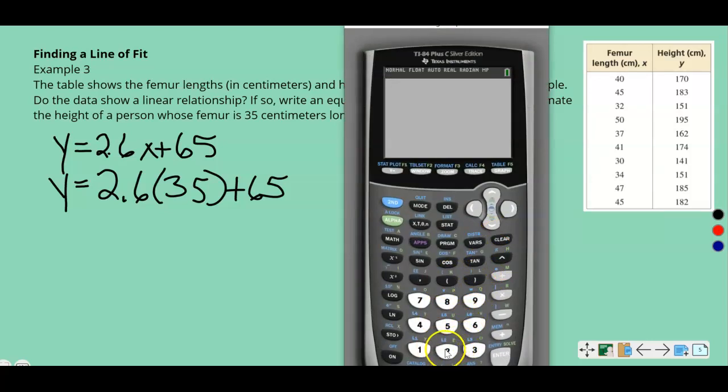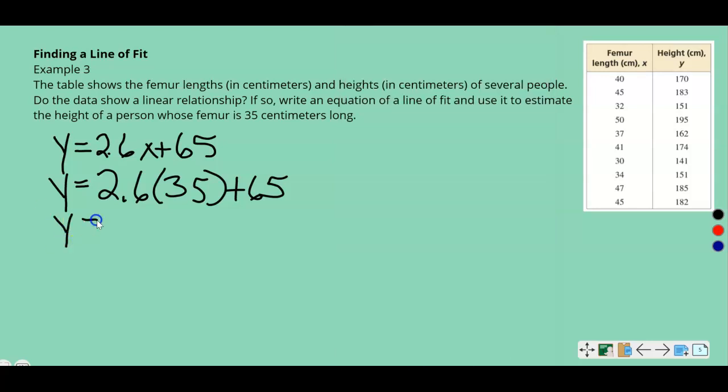All right, so I'm going to say 2.6 times 35 plus 65 and hit enter. So that would say the height is 156 centimeters. So y equals 156.